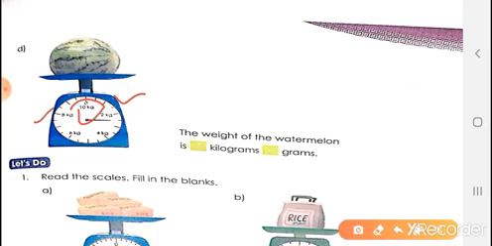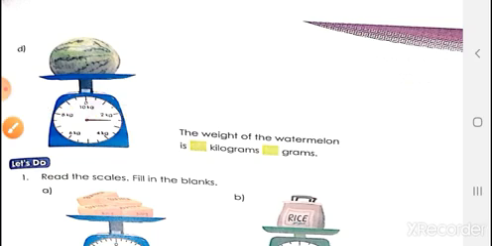So the difference between 0 till 2 kg, each interval stands for 500 grams. As you can see, this interval stands for 1 kg. We know that here are only two intervals.